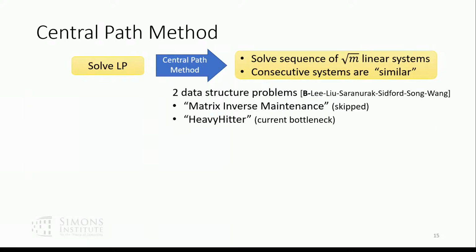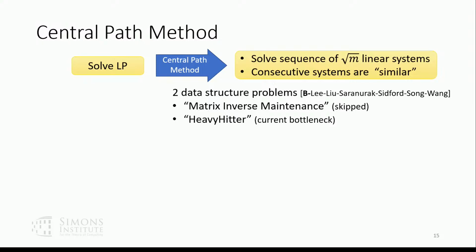So we are using something that's called the central path method. And you can just think of that as a reduction. It says, if you want to solve some linear program, then you can reduce that to solving a sequence of linear systems. And the nice thing is that the first linear system and then the second and the third, the sequence, is slowly changing. So the linear systems are kind of similar, any two consecutive ones.